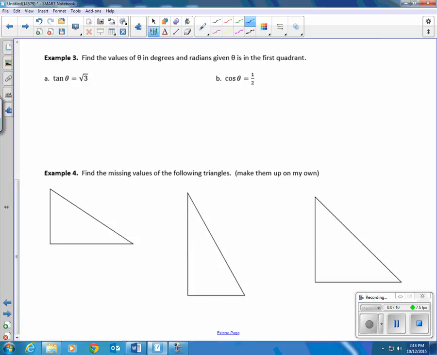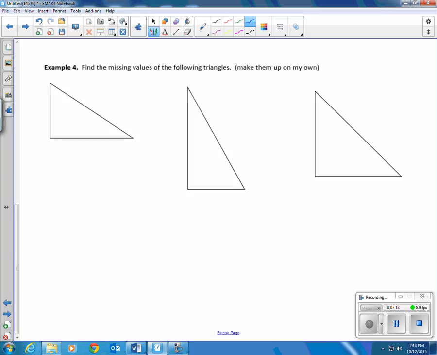Now, let's move down to example 4. And I need you to fill this in. We're going to make this a right angle, this a right angle, and this a right angle. And we're going to call this theta, this theta, and this theta. And then I'm going to give you some values.